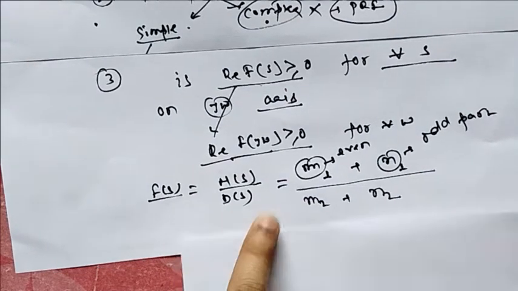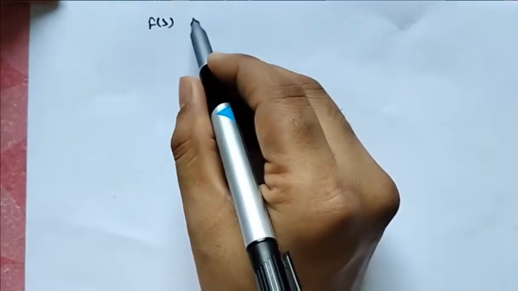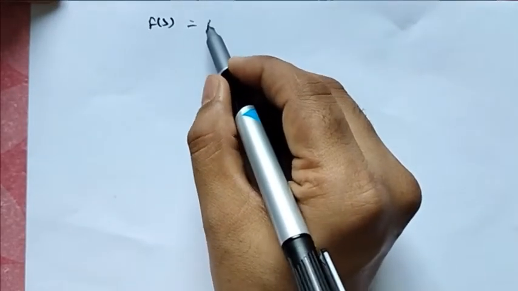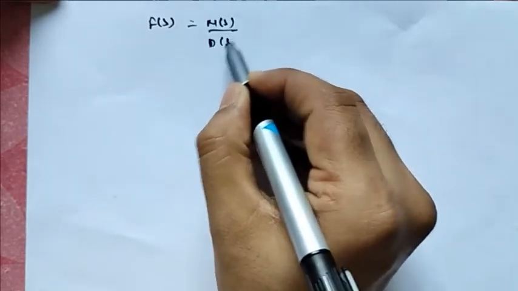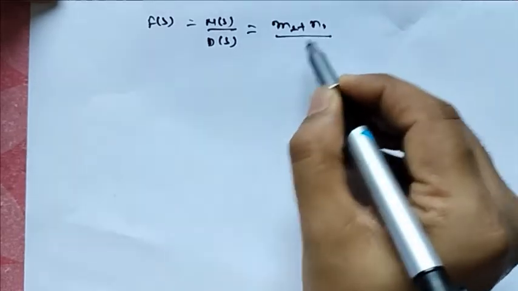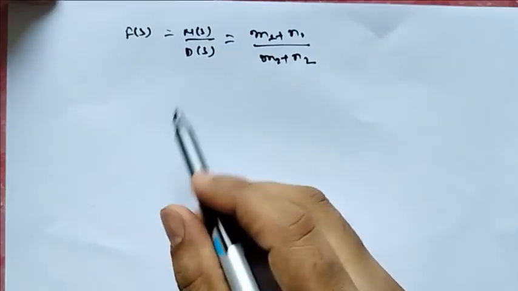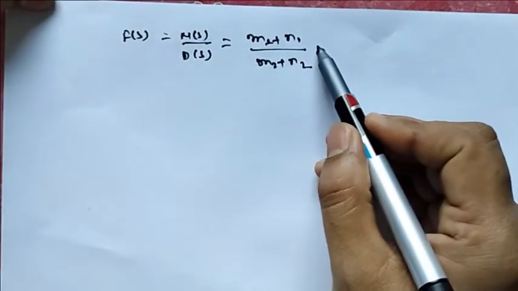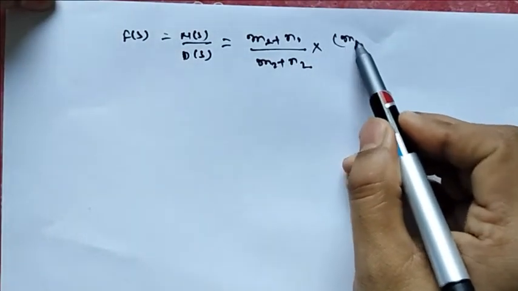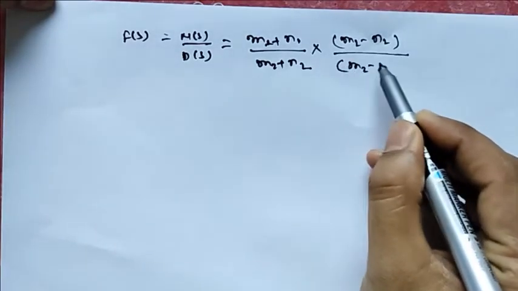Now we have the function F, which was nothing but N(s) by D(s) equal to (M1 plus N1) by (M2 plus N2). Now to make the simplification easier, let us multiply and divide by M2 minus N2.